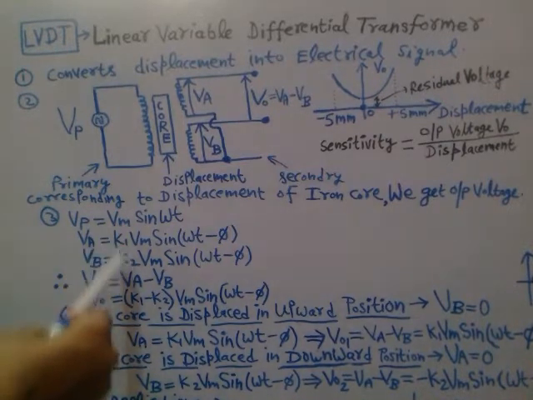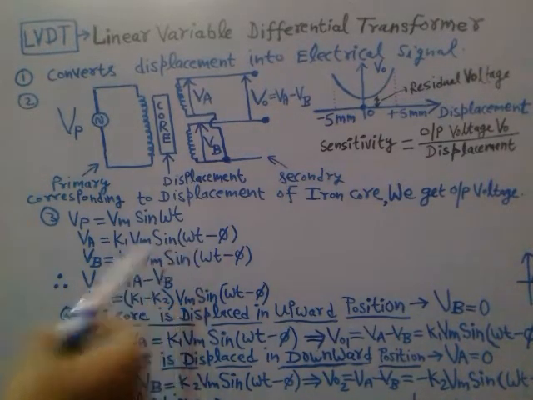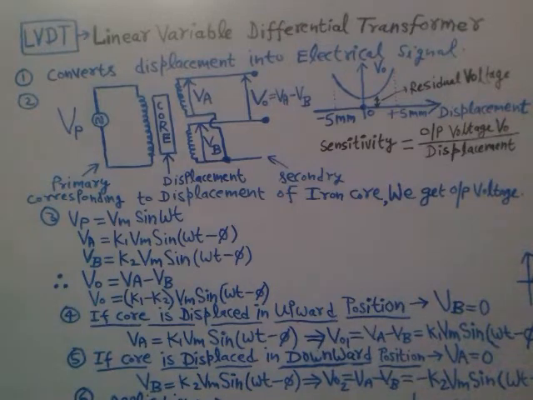If K1 is equal to K2, then we say that the windings are identical. So V0 is Va minus Vb, so V0 is (K1 minus K2) Vm sin(omega t minus phi).